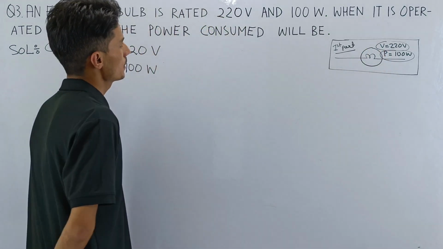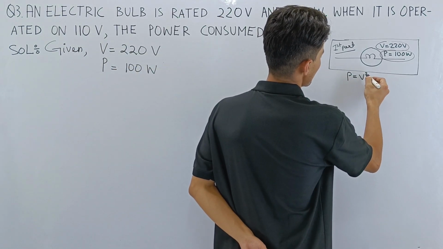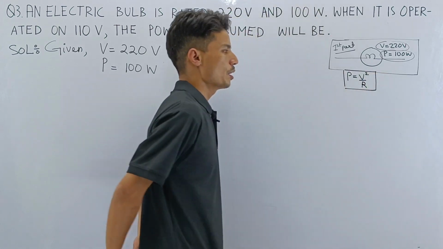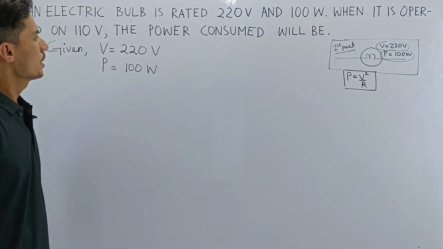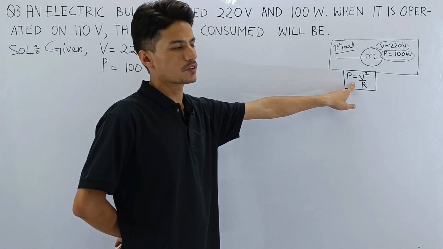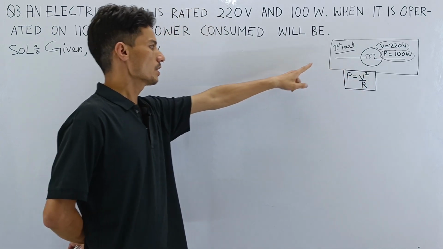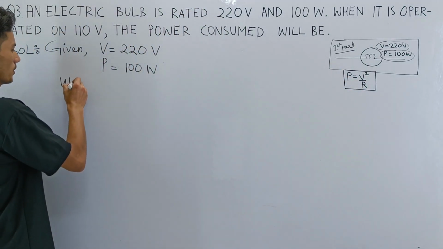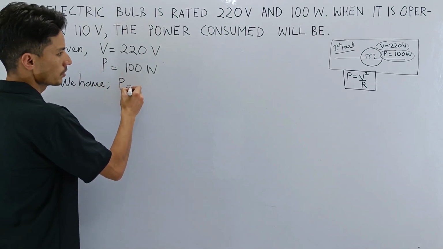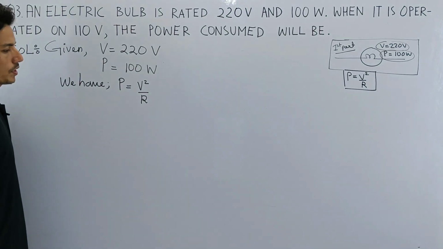So the formula is P is equal to V square by R. After all, they want us to find power, so we are going to use the formula for power, V square by R. So we have P is equal to V square by R. What are we going to find here?